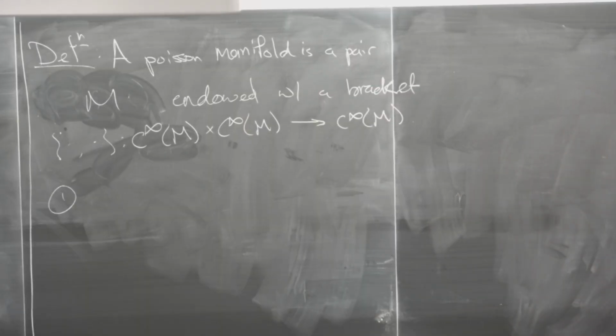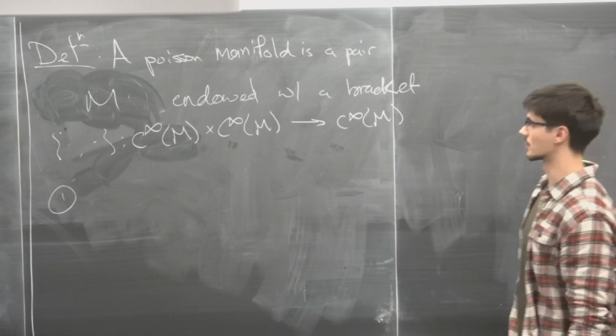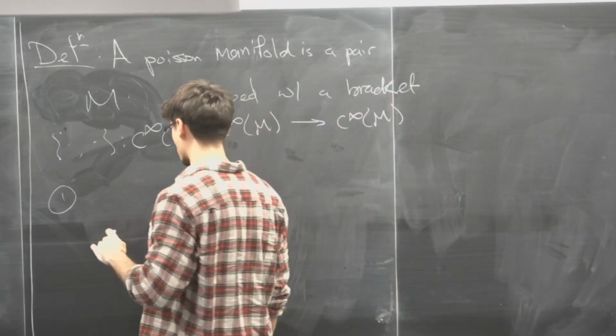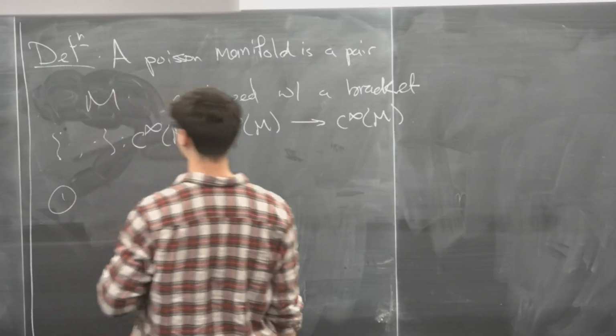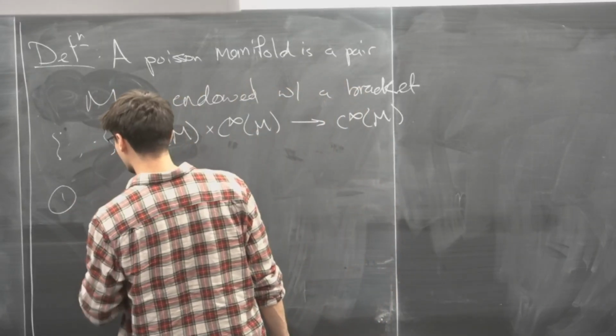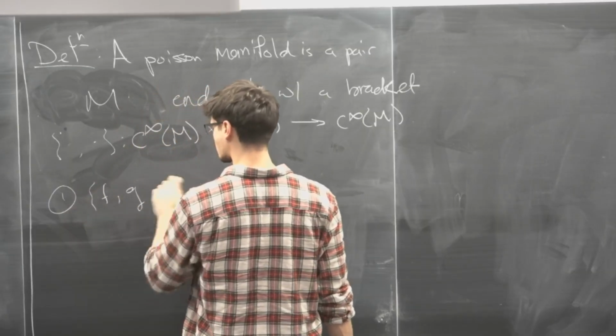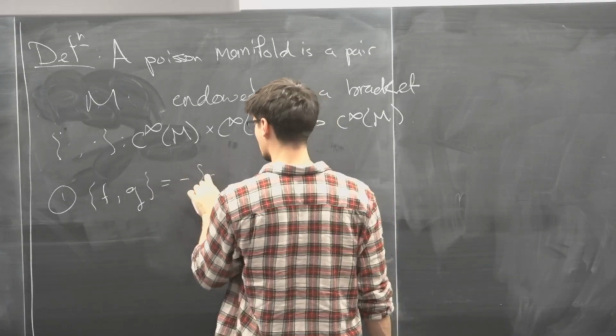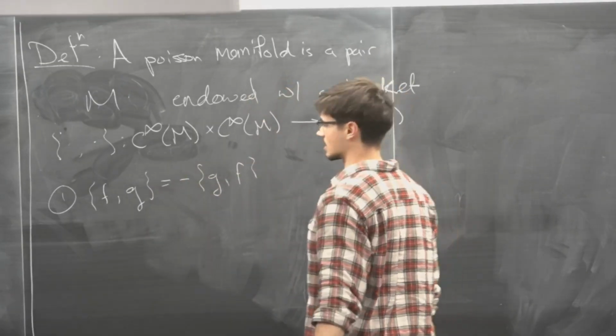However, in my next lecture, I want to talk about the complex structure, and we actually replace these with holomorphic sheaves. Way out of scope for this lecture, but these functions don't necessarily have to be smooth. Anyway, it's skew symmetric, so for all f and g in C infinity of M, it satisfies this.